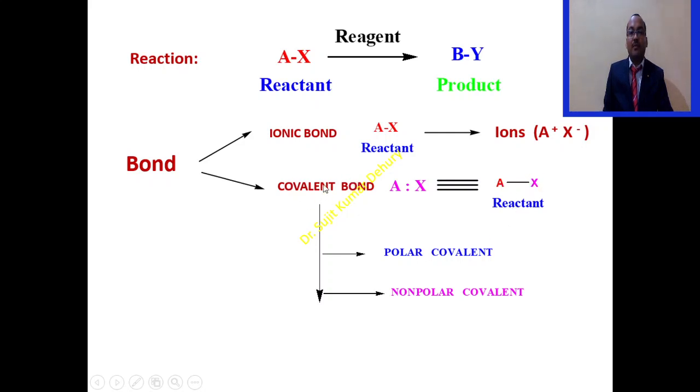Generally the covalent bond is of two types, polar covalent bond and non-polar covalent bond. When the electronegativity values of A and X are different, that leads to a polar covalent bond. And when the electronegativity values of A and X are the same, that leads to a non-polar covalent bond.